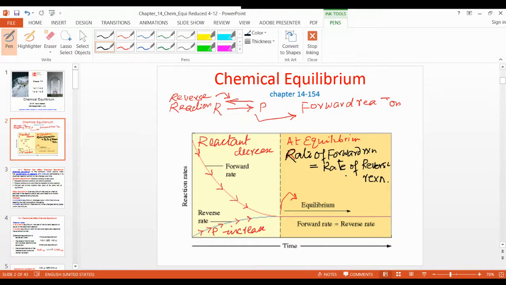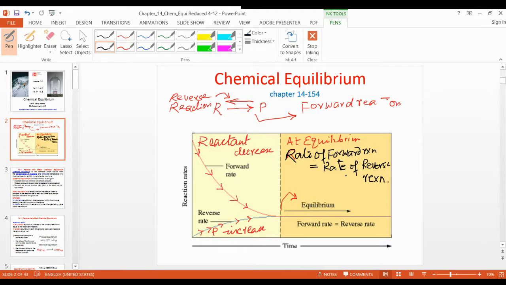And the condition of the equilibrium is the rate of forward reaction, which means the rate of decrease of the reactant, is equal to the rate of reverse reaction, which means the formation of the product. The rate plays an important role in this reaction, right? Rate means how much reactant reduced per second, how much product are formed per second or per minute.